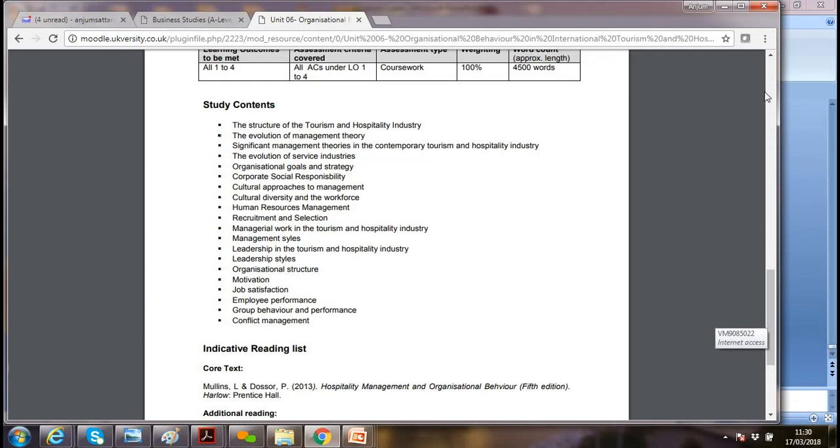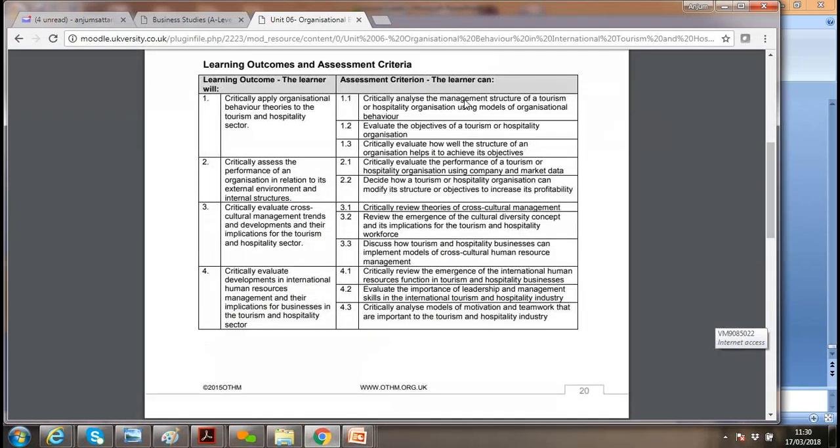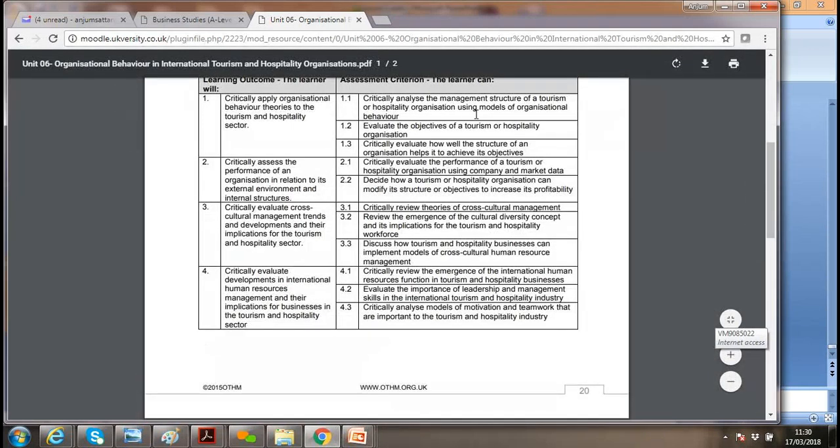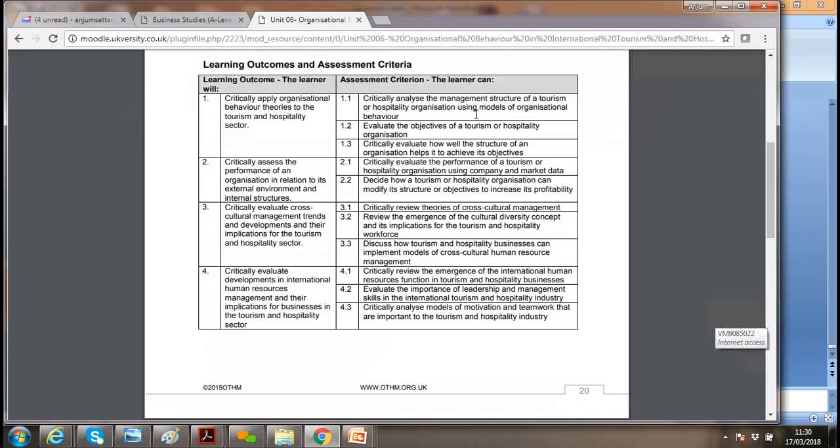So in today's lesson we covered, and we'll quickly look at, our learning outcomes. I explained different management theories.